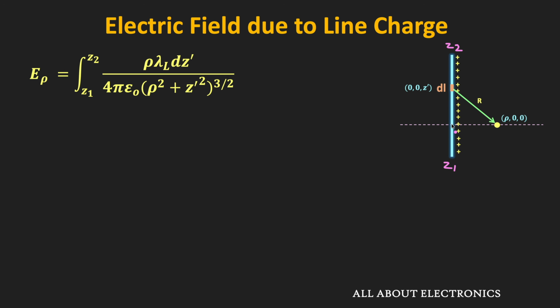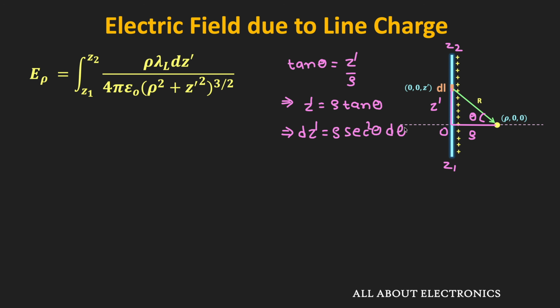We know that this distance is equal to rho, while if we see from the origin, this distance is equal to z dash. So we can say that tan theta is equal to z dash divided by rho, where this angle represents theta. From this, z dash is equal to rho tan theta. If we differentiate it, we get dz dash equal to rho times sec square theta d theta.